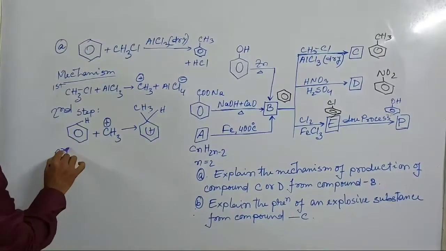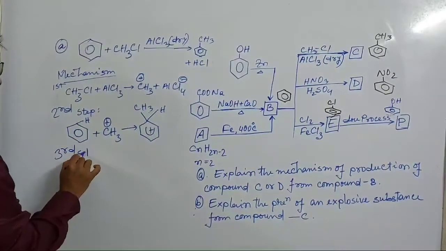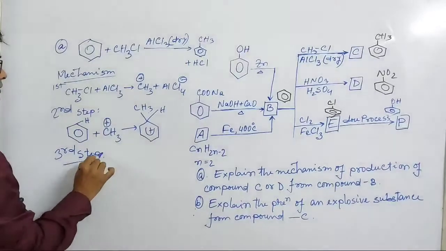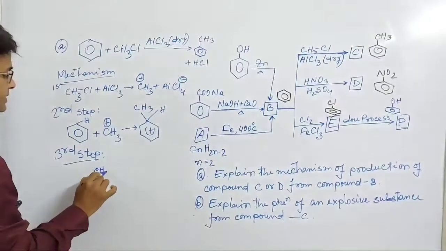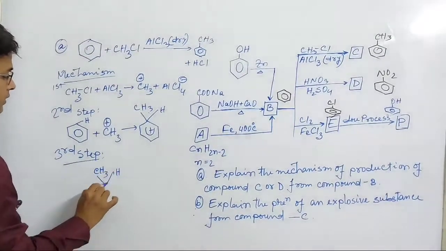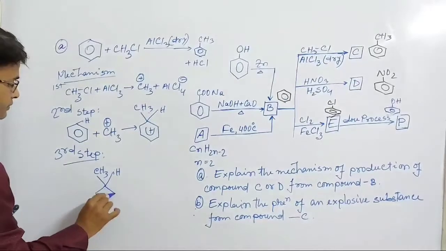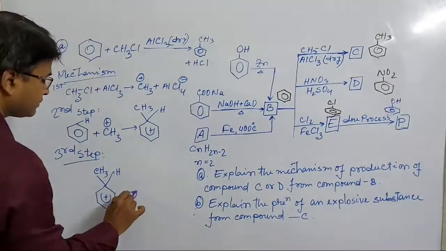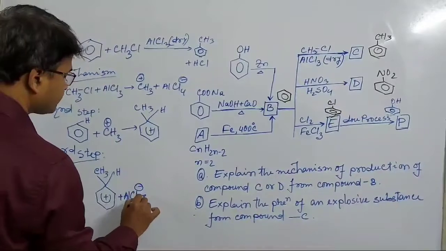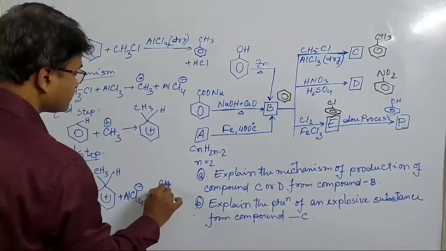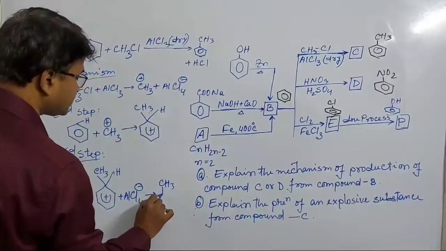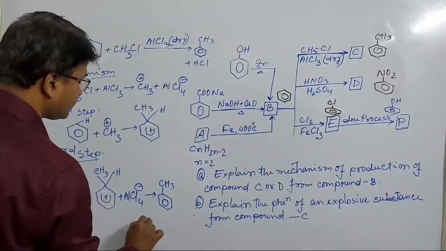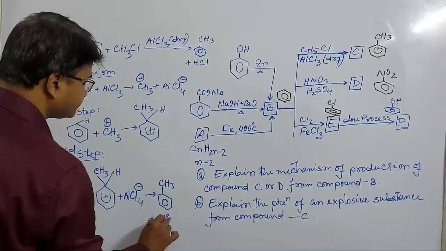Then at the third step, this sigma complex releases a proton to produce toluene. This is the mechanism of the production of toluene from the benzene ring.